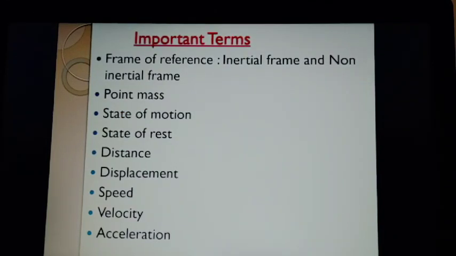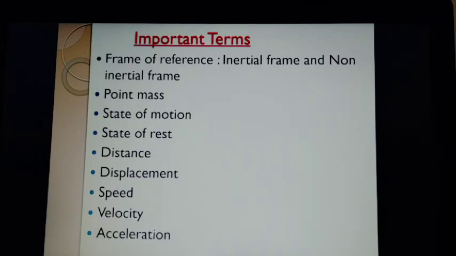See, the first one we have already defined, the frame of reference, and the frame of reference can be of two types. One is the inertial frame and the other is the non-inertial frame. I already told you the frame of reference in which Newton's first law holds good is known as the inertial frame of reference.